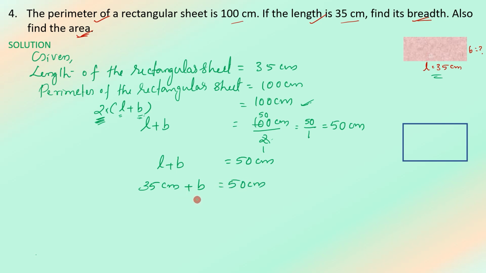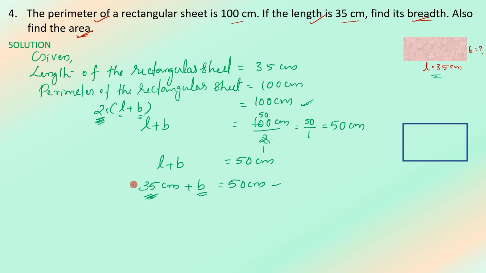For getting B alone, we have to transpose 35. Transpose means changing the side of a number. Here we have to take 35 from the left hand side to the right hand side. In doing so, the sign of the number has to be changed.